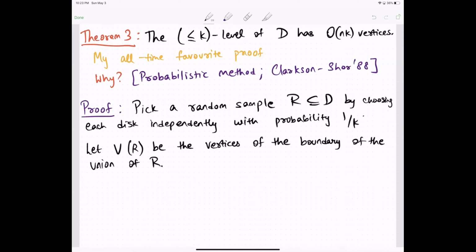It's not an algorithmic question. V of R is the set of vertices on the boundary of this union.